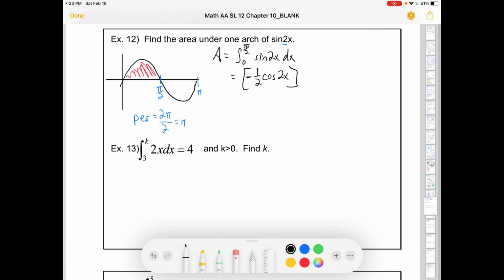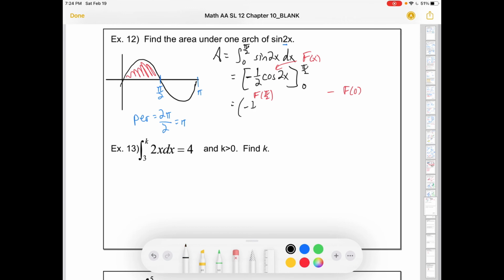Now I think you should probably take the time and just double check that that antiderivative gets you back to where you started if you differentiate. But it is. It's correct here. So now we just sub in. I'm going to go big F of pi over 2 minus big F of 0, where big F is this antiderivative we just found. Okay.